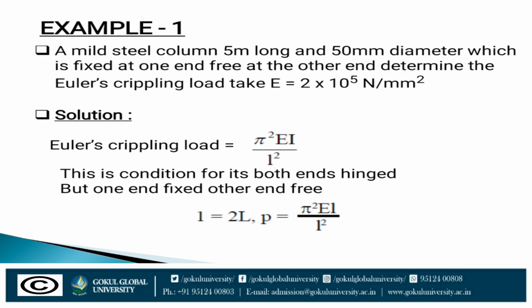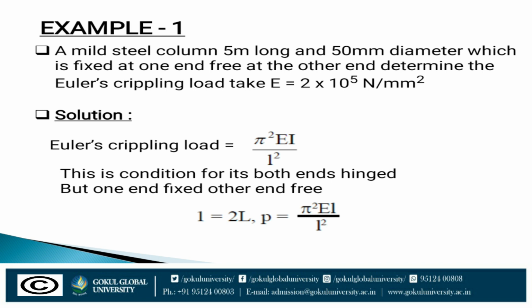First, a mild steel column 5 meter long, so it gives the length. 50 mm diameter, so it is the circular section. Then fixed at one end and free at other end, so it gives the end condition. So we have to identify the Euler's crippling load.